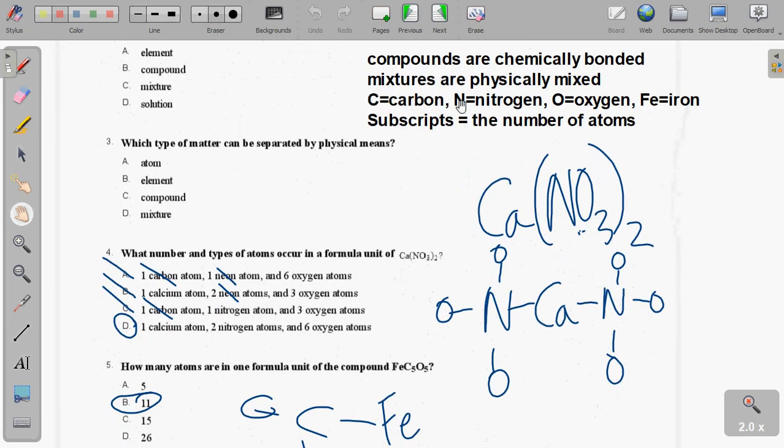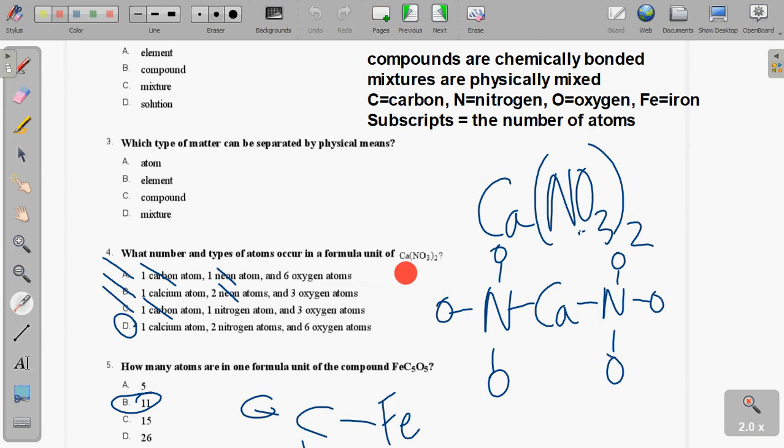C is the symbol for carbon, N is the symbol for nitrogen, O is the symbol for oxygen, and iron is Fe. Subscripts tell you the number of atoms. So for example, here in Ca(NO3)2 there's an invisible 1 that tells us we have 1 atom of calcium.